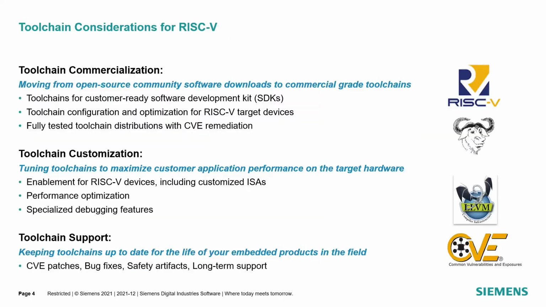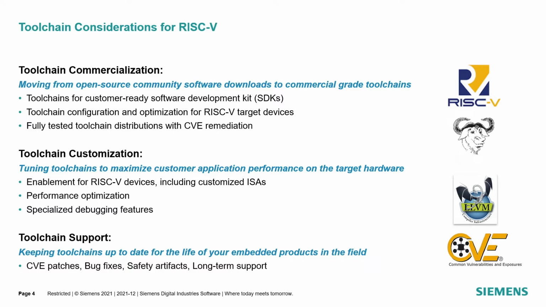Well, luckily that's where we can come in with Siemens Embedded, with different tool chain options for you. First off, there's the easy one, a tool chain you can get from us that's always going to be up to speed with the latest and greatest. But sometimes maybe there are customizations that you want. Maybe you're designing your own RISC-V device and creating your own instruction sets.